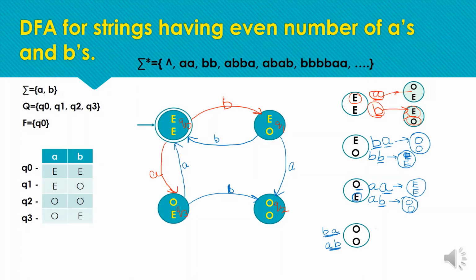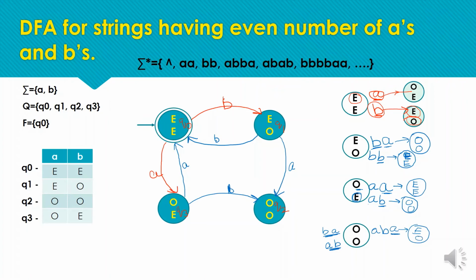of A's and B's. Taking the string as AB, the next transition should be for the input symbol A. After getting a single A, the number of A's changes from odd to even, and the number of B's is still odd.